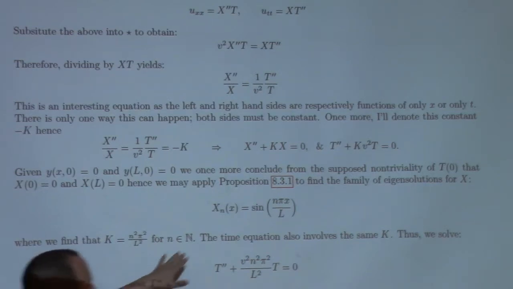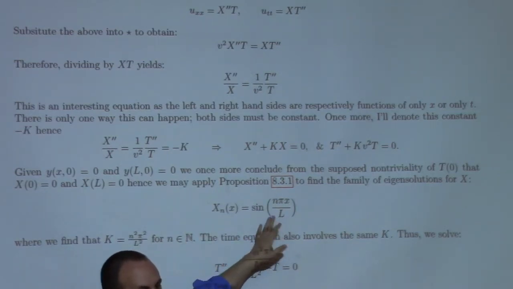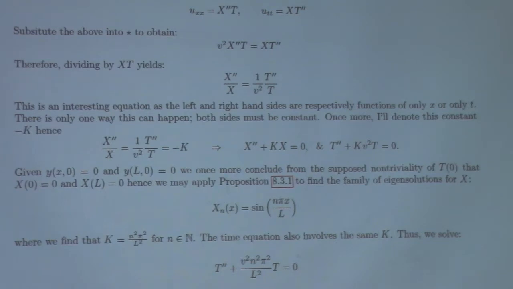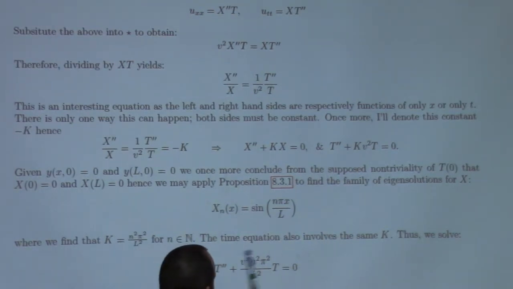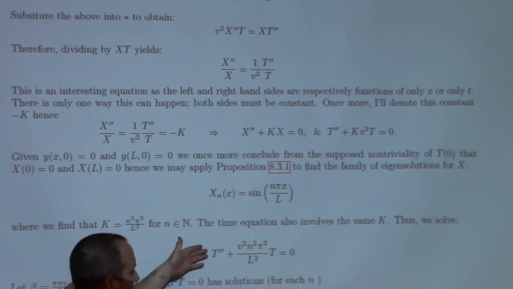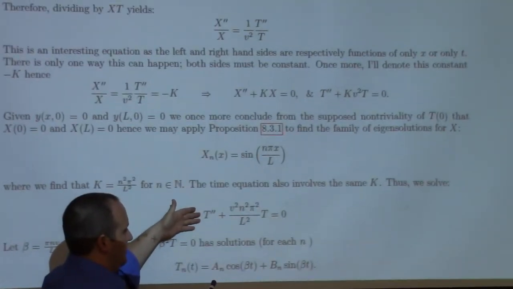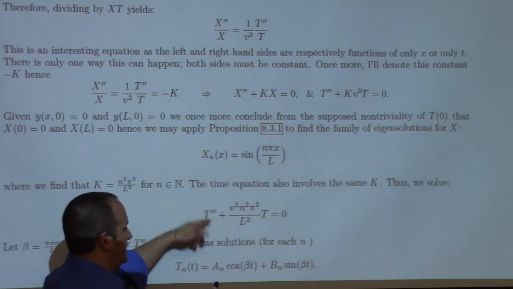That leads us to x sub n is sine of n pi x over L, by case 1 at the start of the chapter. And so that means k is n squared pi squared over L squared. I plug that back in to here. Can we see this, Belu? Can I see this too? Okay, plug it into here, and then I've got a second order differential equation with constant coefficient.